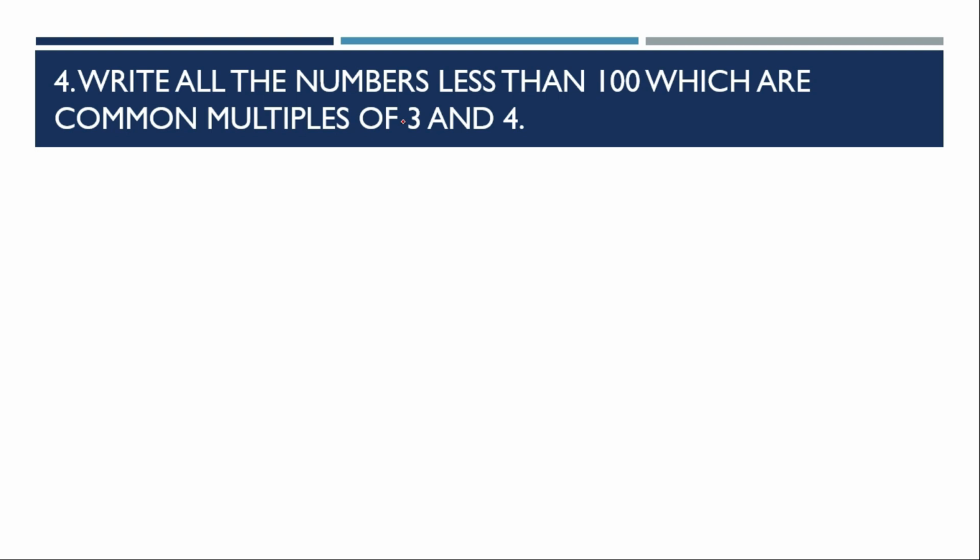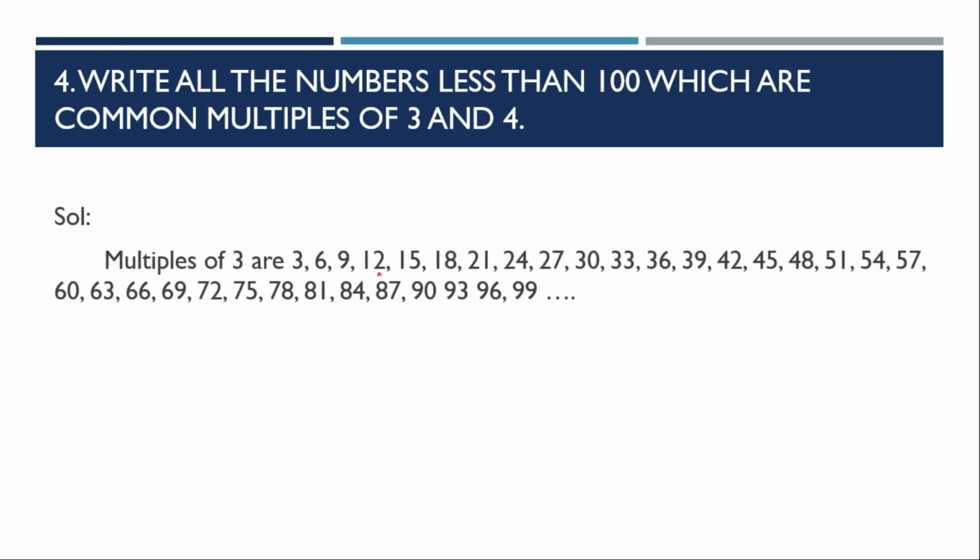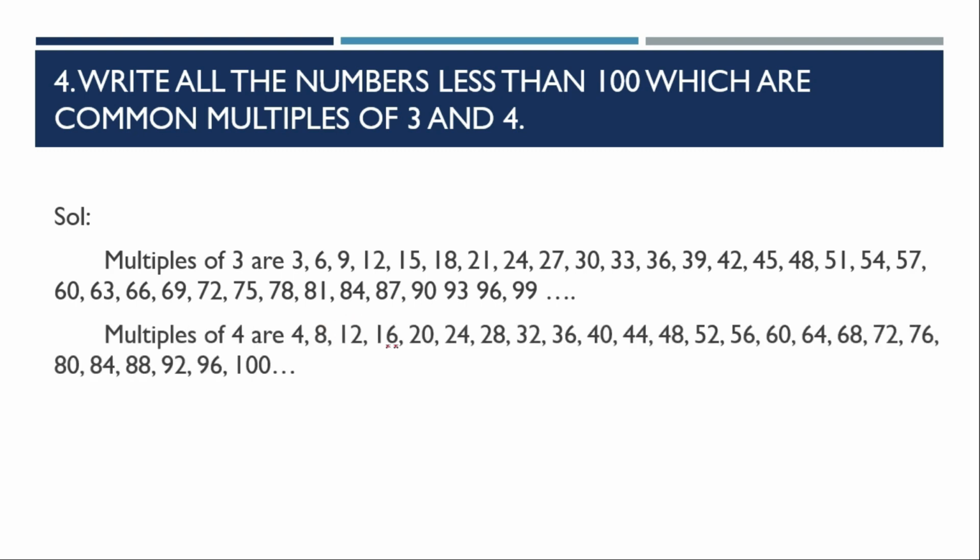That is 99. The same way, write for 4 also. So multiples of 3 start from 1 to 100. What are the multiples? So till 99 we'll get. Next, multiples of 4. It starts from 4 and ends at 100. Here less than 100 only we need.